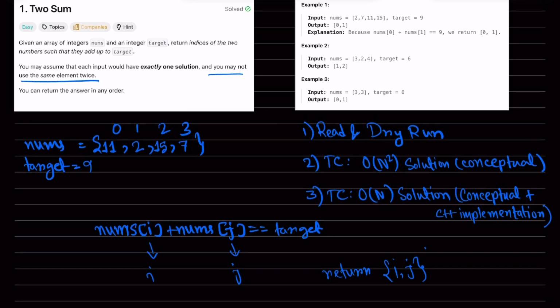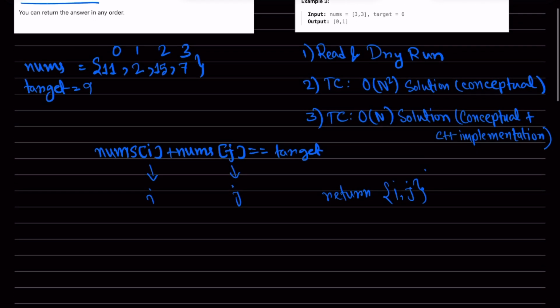We are also told that we can assume that each input would have exactly one solution, and you may not use the same element twice. By that, they're saying that i cannot be equal to j, right?